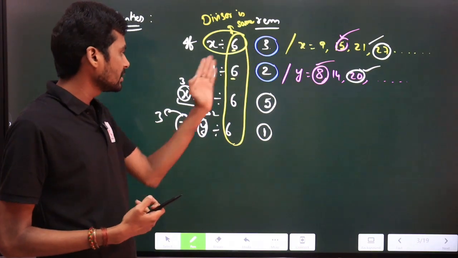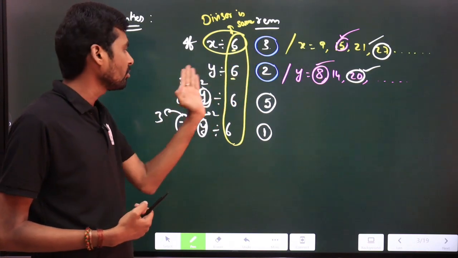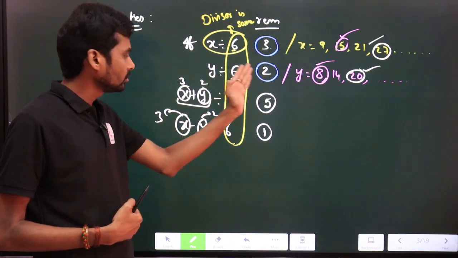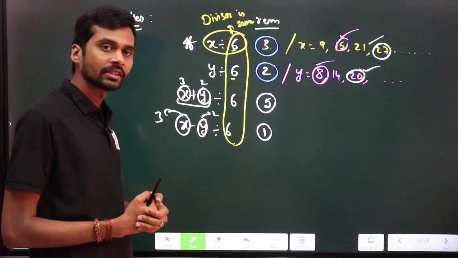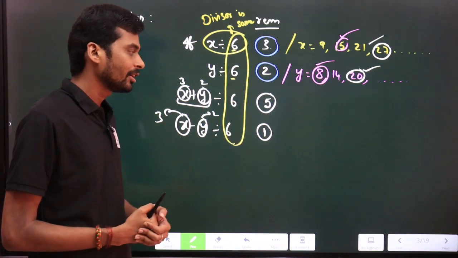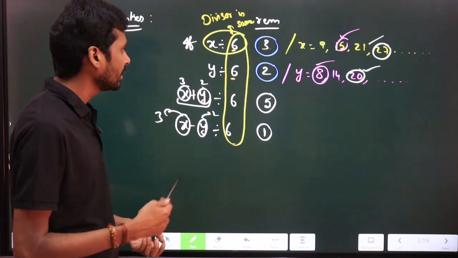For x the remainder is 3, we take it as 3. Here the remainder is 2, we take it as 2. 3 plus 2 divided by 6 gives 5. 3 minus 2 divided by 6 gives 1. So you can find out anything like this.